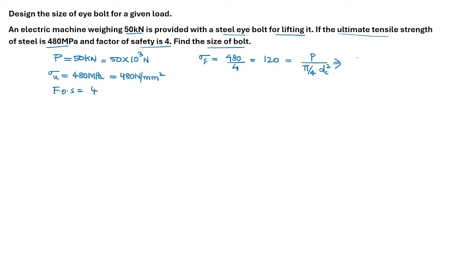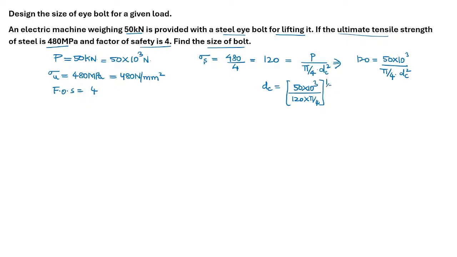So now here 120 equals the load, 50 into 10 power 3, divided by pi by 4 times of DC square. So DC will be equal to 50 into 10 power 3 divided by 120 into pi by 4, raised to the power of 1 by 2, or this should be kept within the root.